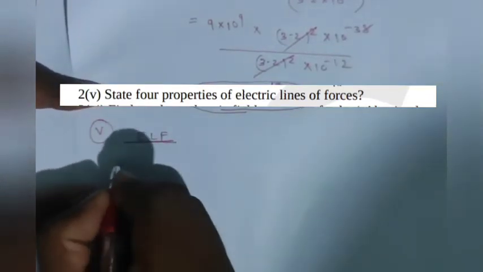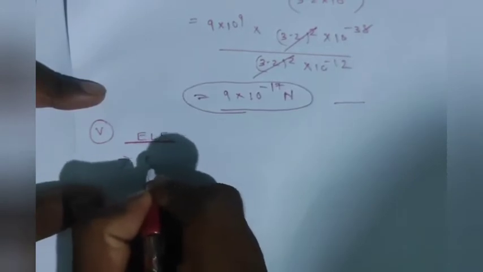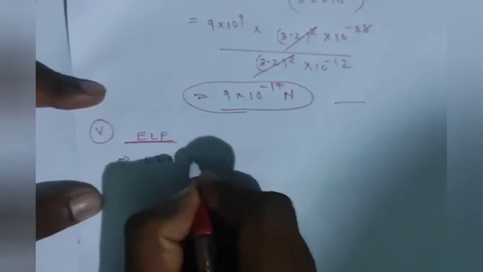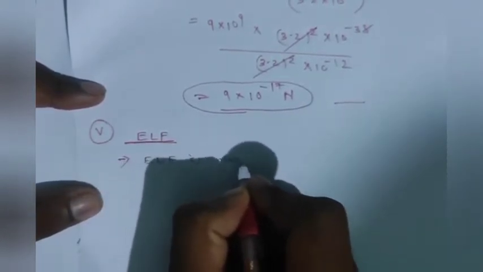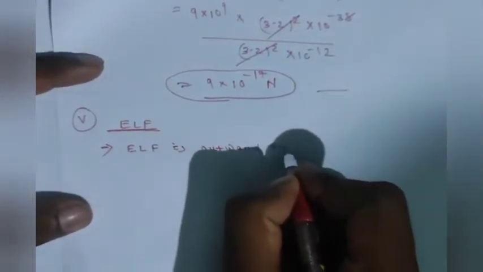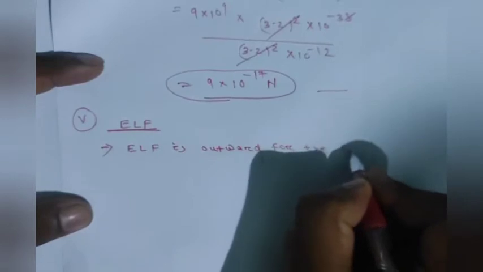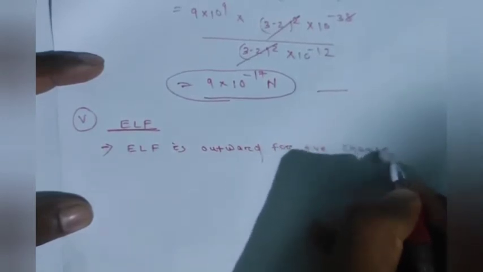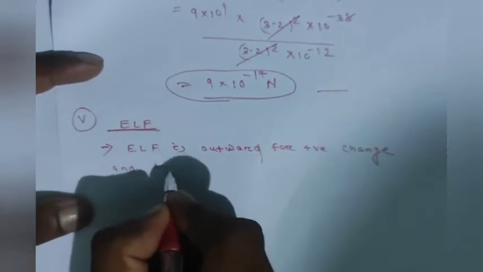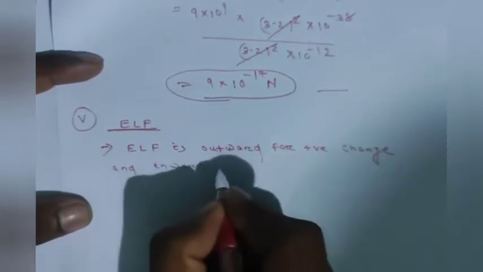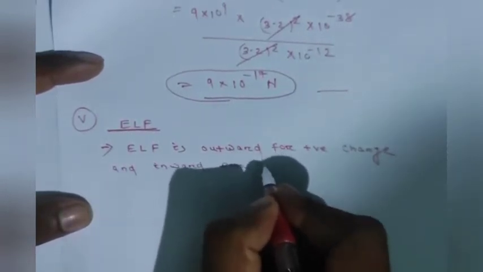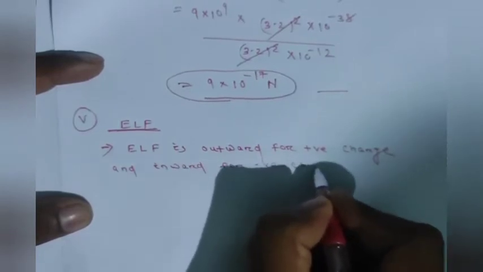So we know electric lines of force is outward for positive charge and inward for negative charge.